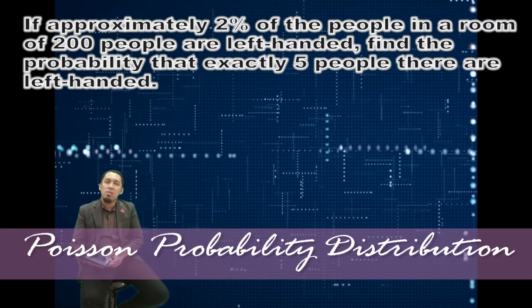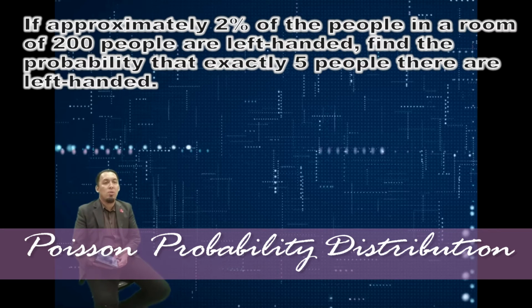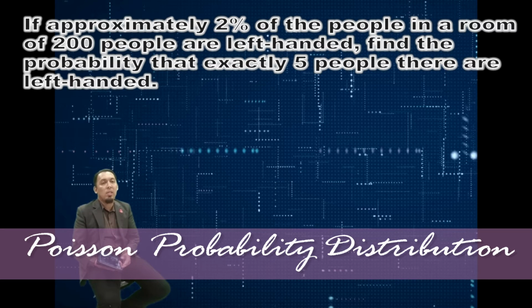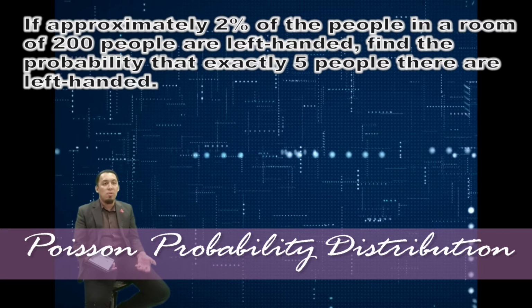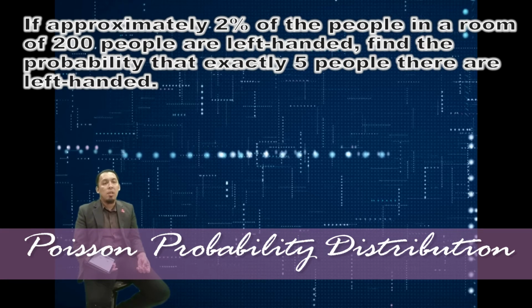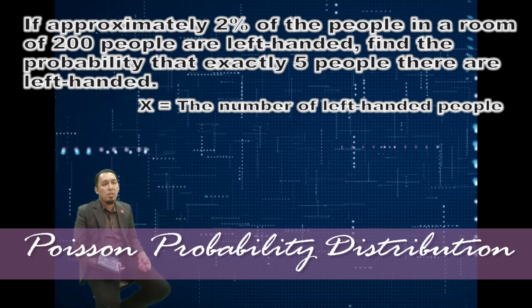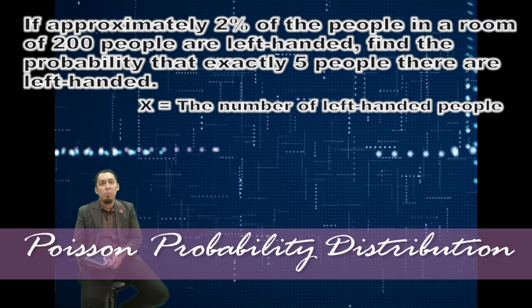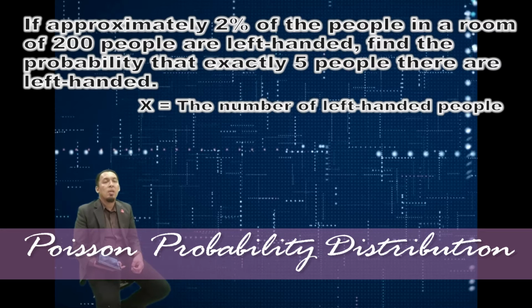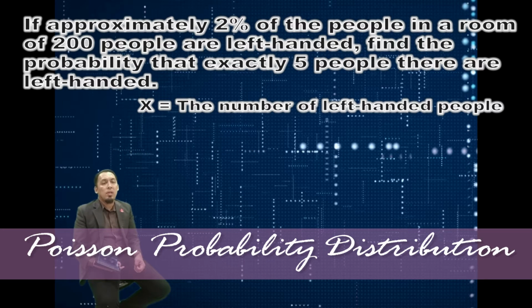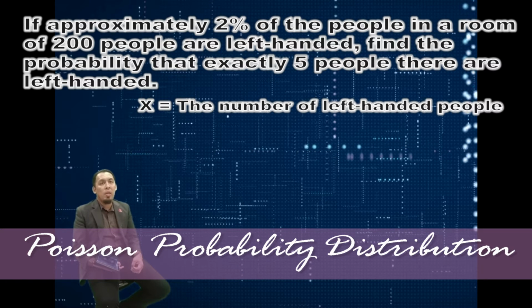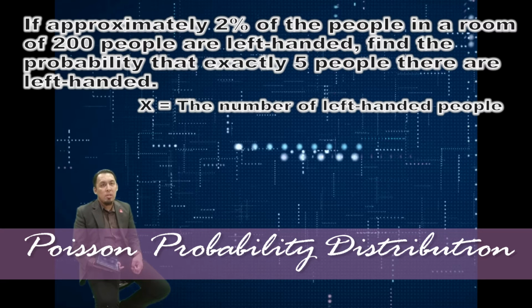Of course, the first thing that we need to define is the variable. What is the interest of this question? The number of left-handed people. So what will be the distribution?